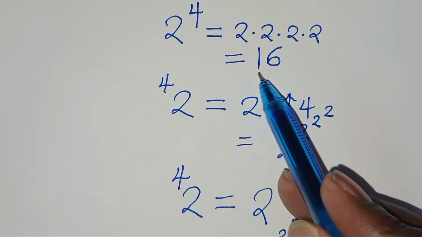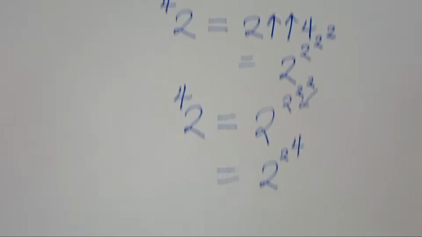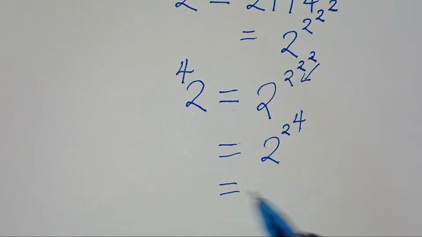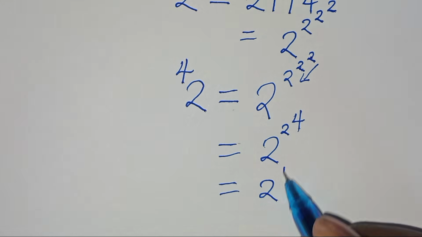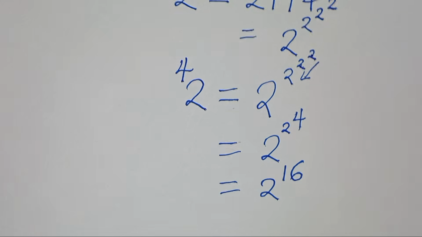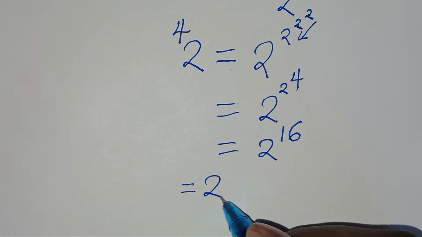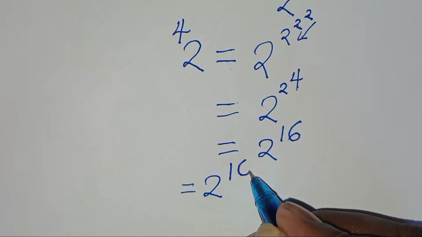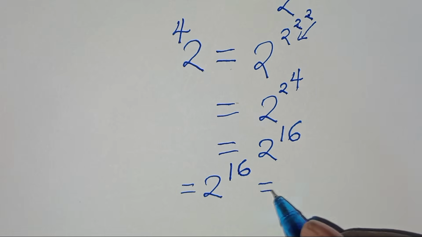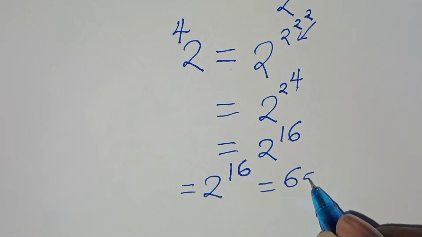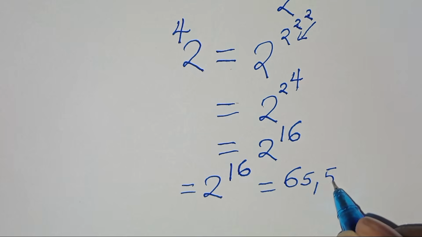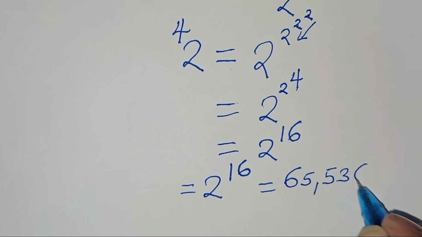This is what we have here, which is equal to 16. So this means that here we have 2 raised to the power of 16. So this indicates that 2 raised to the power of 16 is the same thing as 65,536.